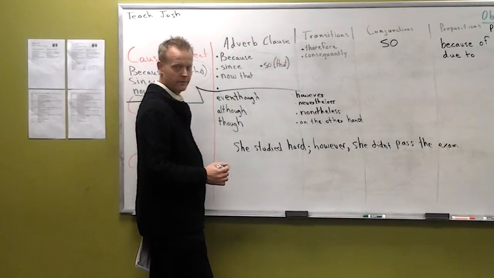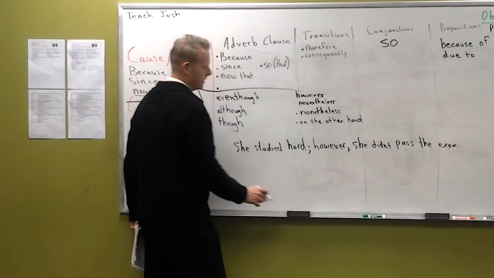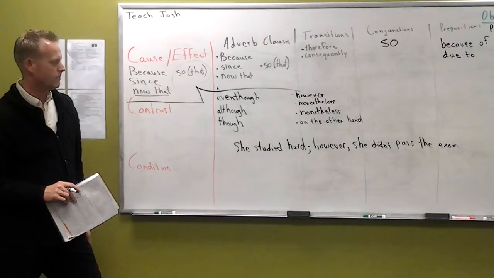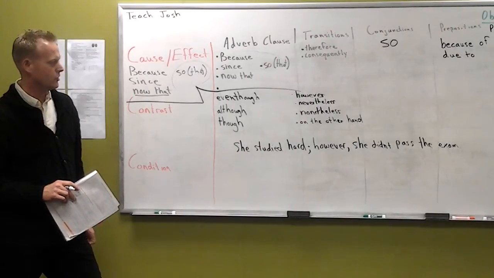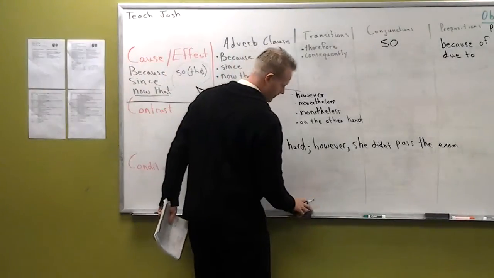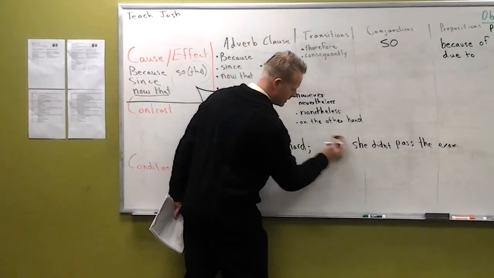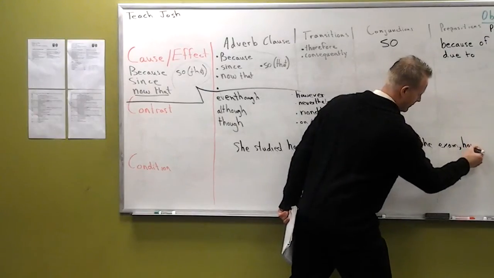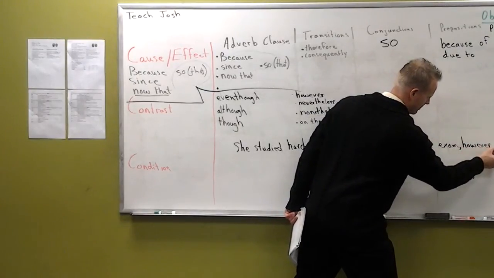That's possible. I could also say she studied hard; she didn't pass the exam, however. So I could move this, put a comma on the end, and put however on the end. That's also possible. The period.